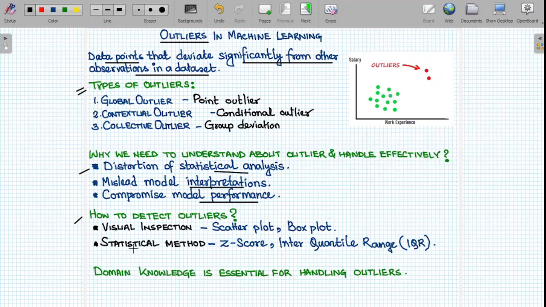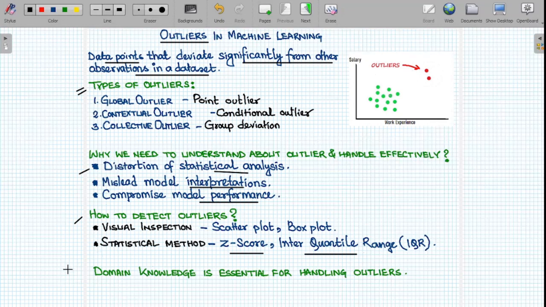For that, we have to rely on statistical methods. There are a number of statistical methods through which we can identify the data points which are outliers in our dataset. Z-score and IQR are two very important and popular techniques to identify outliers in our dataset. In our next slide, we will understand Z-score and IQR in detail.